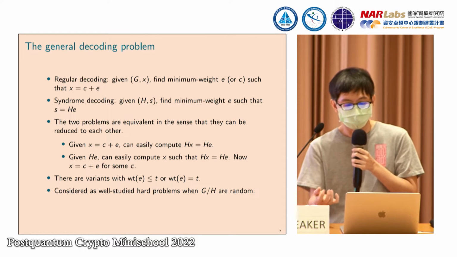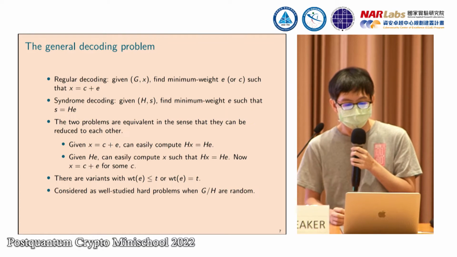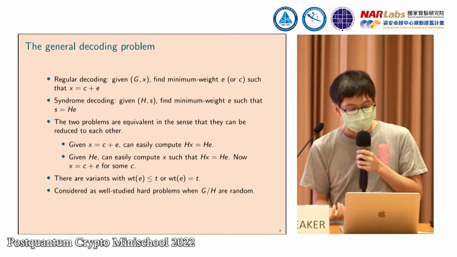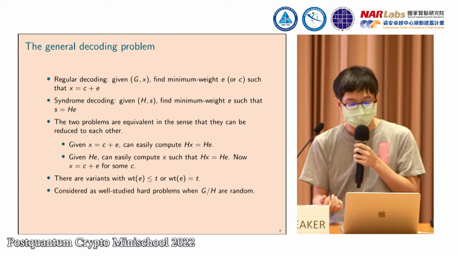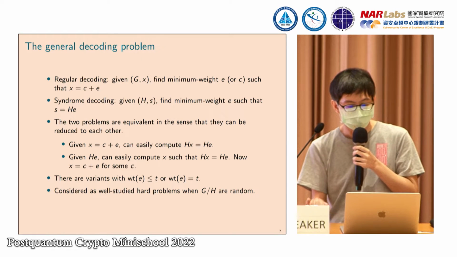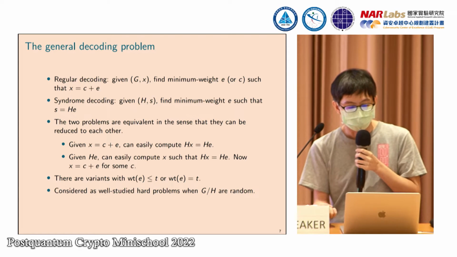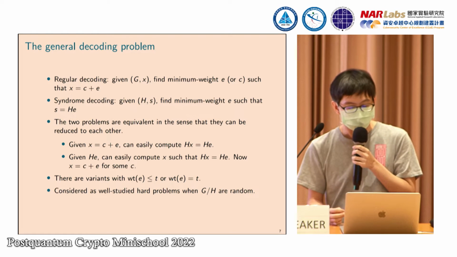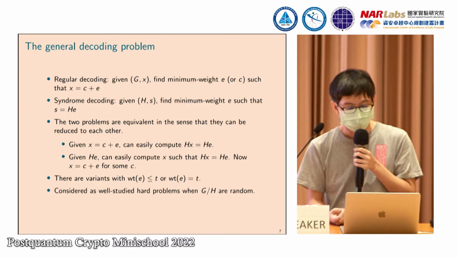Because Hc is just 0, you get He, and then you can solve it using a syndrome decoder. If you start with He, then you can use linear algebra to easily compute some vector x such that Hx is equal to He. Then this x is going to be the sum of some codeword plus the E you want to find. So in this sense, the two problems are equivalent.